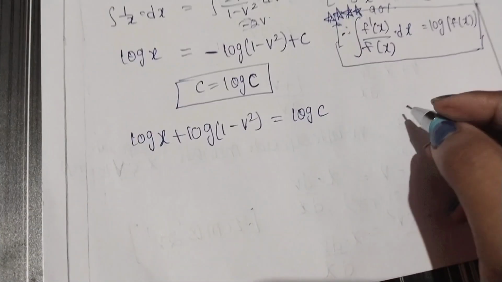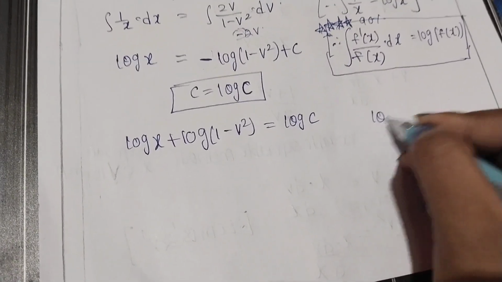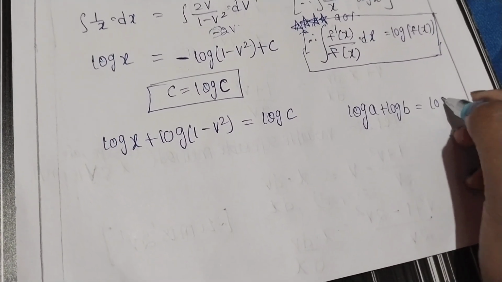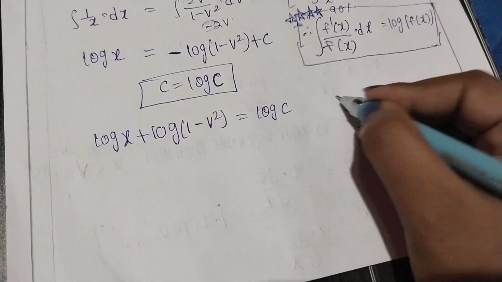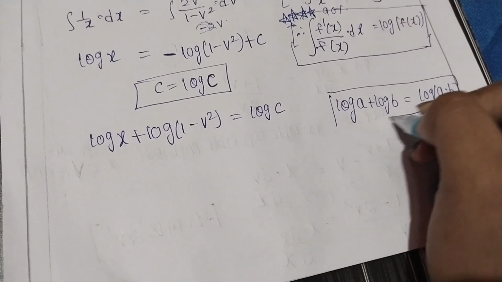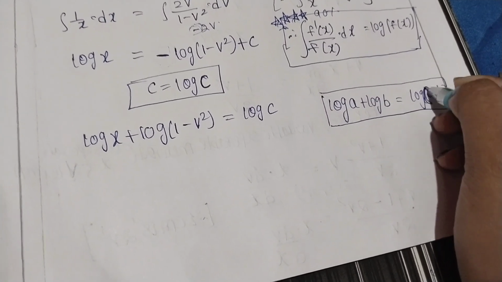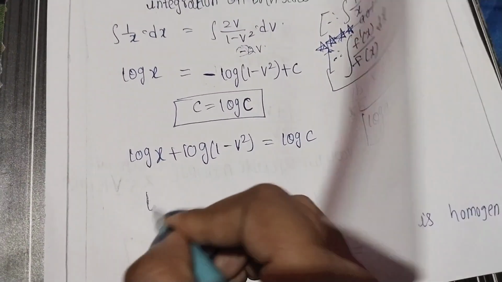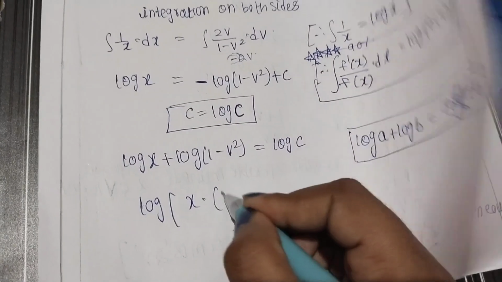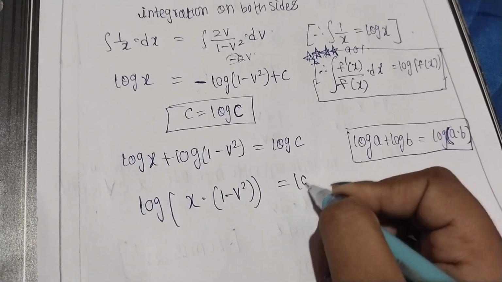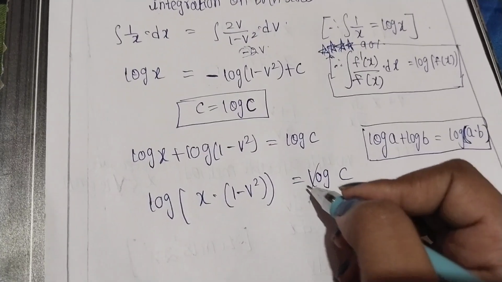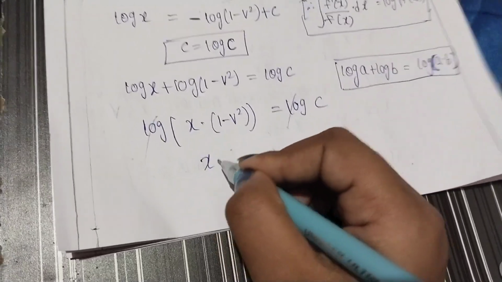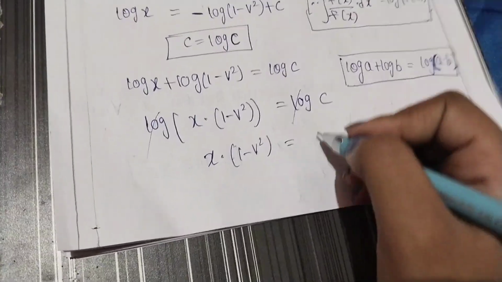Now we do know the formula log a plus log b equals log of a into b. So log of x into (1 minus v square) equals log c. As we can see, log on both sides of the equals sign, let's simply cancel it. So we get x into (1 minus v square) equals c.